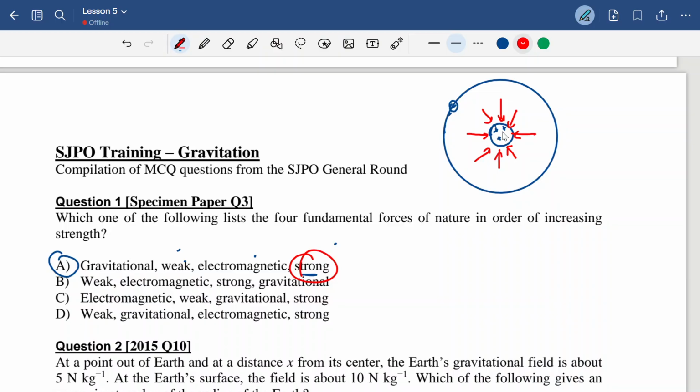Now, for your info, extra info: the size of the atom, as we mentioned, is about 10 power minus 10 meters. The size of the nucleus, this is not to scale, is 10 power minus 15 meters. It's like looking at a 100-meter track versus 1 mm on your ruler. That's the size difference.